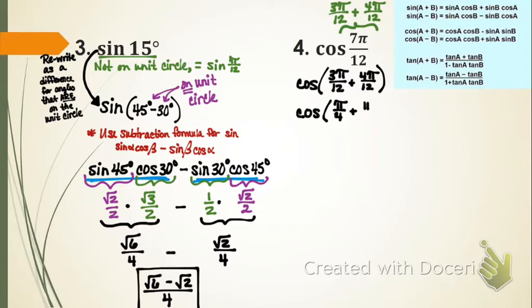Pi over 3. So now I have this angle written as the sum of two angles that are on my unit circle. So now I'm going to go grab one of my formulas. Am I going to grab an addition or subtraction formula? Addition. Do I want a sine, a cosine, or a tangent formula? Cosine.